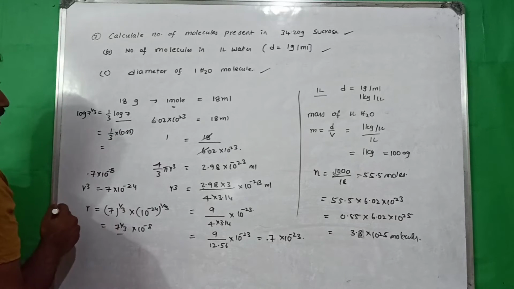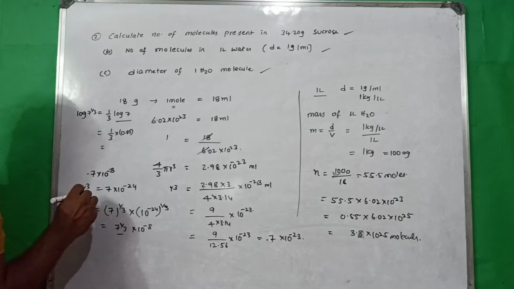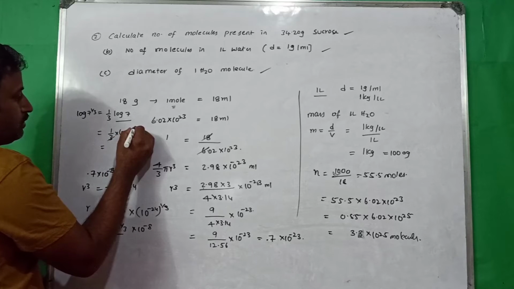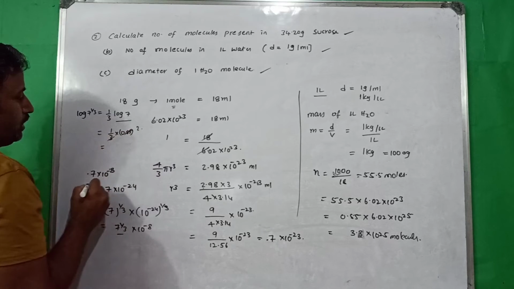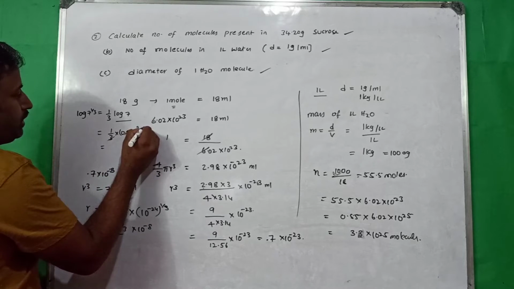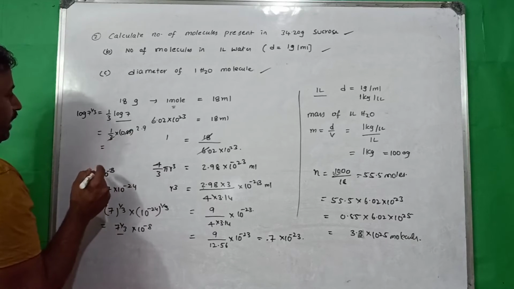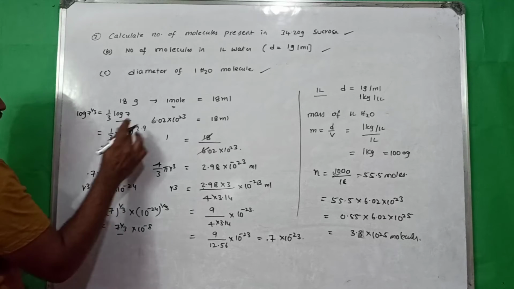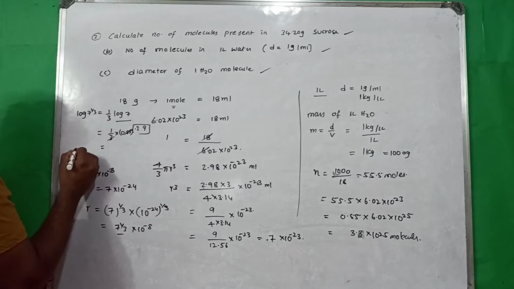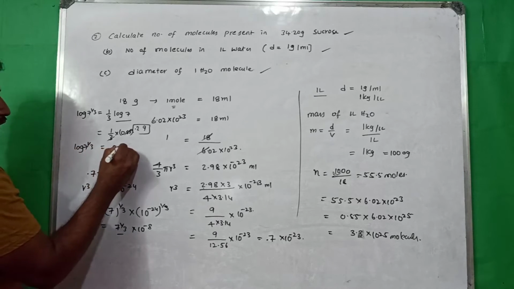So 1/3 of 0.85 is log 7 power 1 by 3. So this is 3 2s are 6, again 2.9 nearby, nothing but 0.29. So log 7 power 1 by 3 is equal to 0.29.